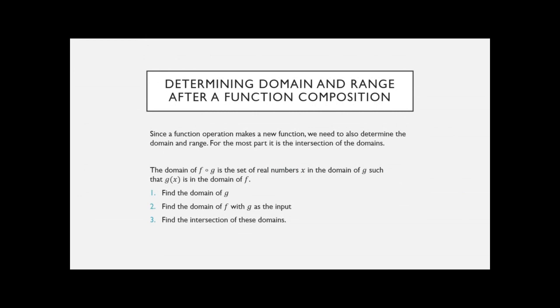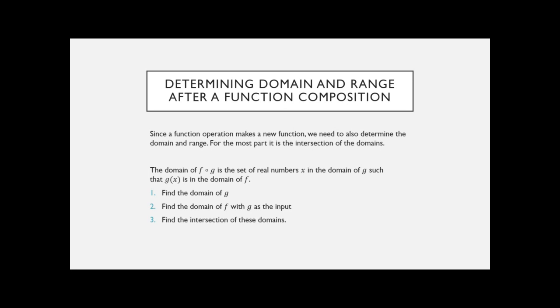So we're going through multiple domains and ranges to finally figure out what the domain of the final composition is. It gets kind of complicated because we also have to think about what numbers are we allowed to plug into F and what numbers can we plug into G, and we have to look for where those overlap.